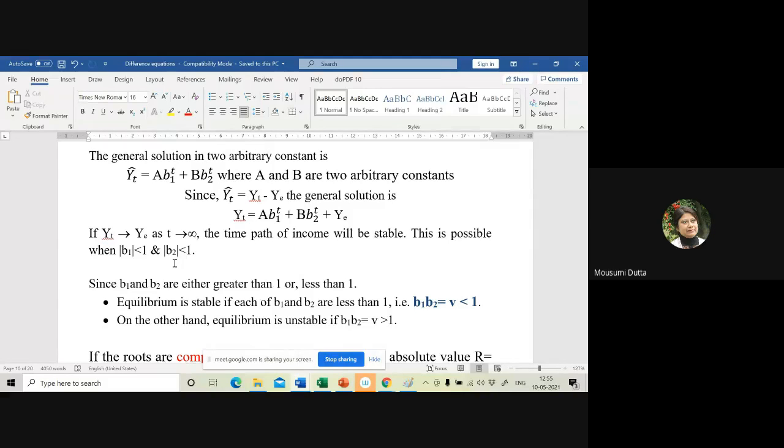I added a note when we discussed the matter in context of differential equations. That prepares the background by which we will understand why, in case of complex conjugate roots, we will have cycles rather than a monotonic pathway.